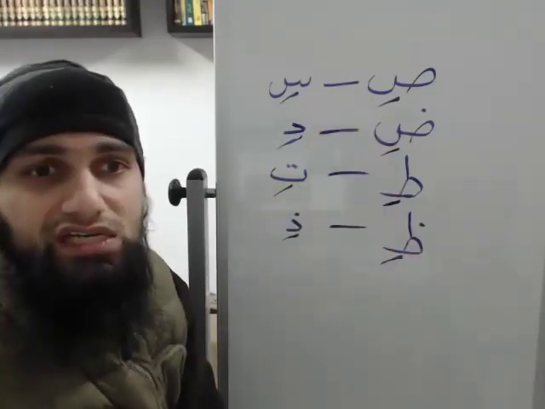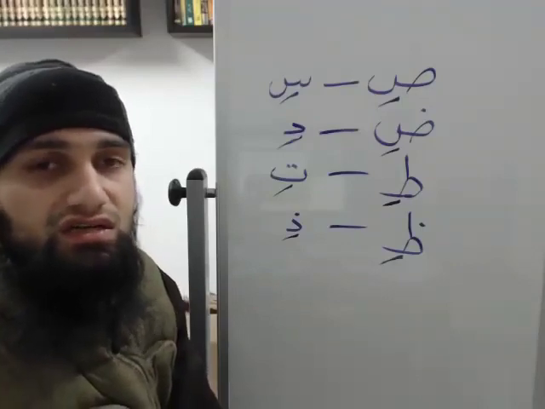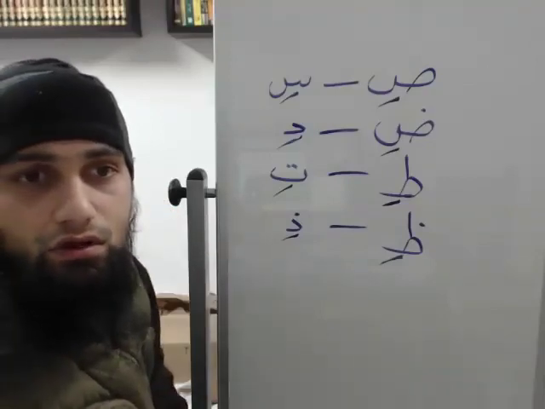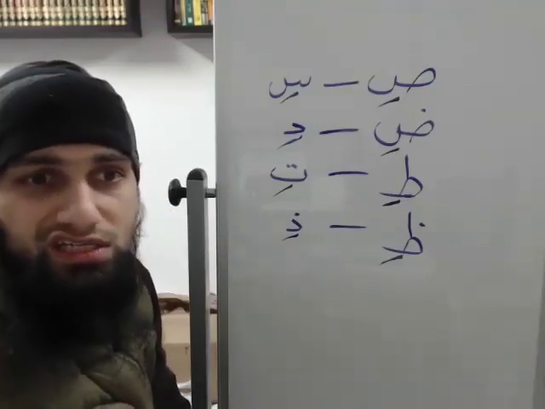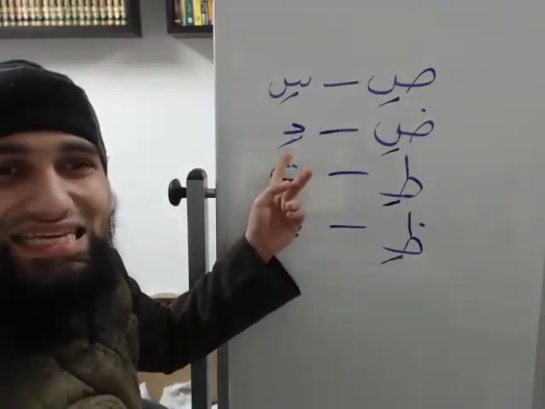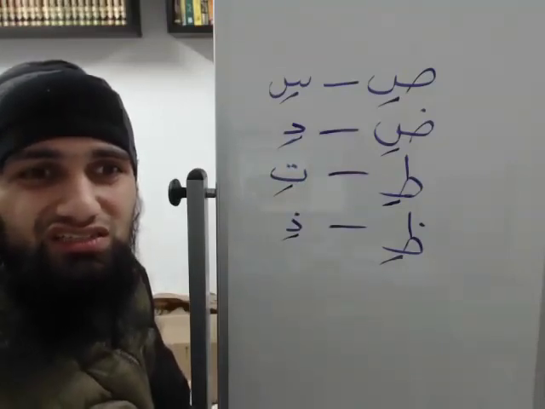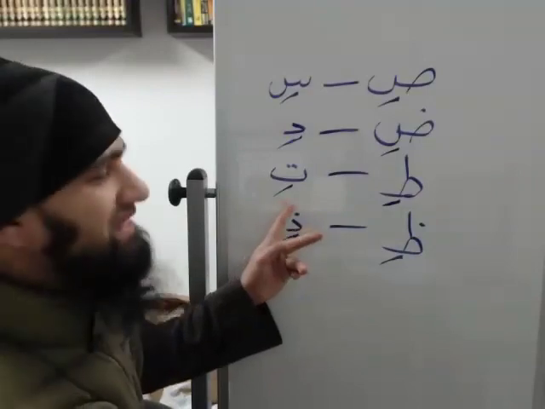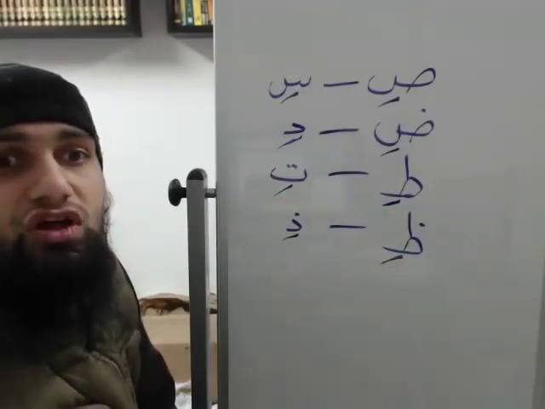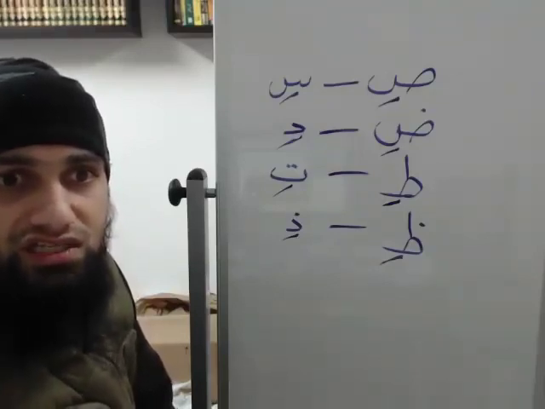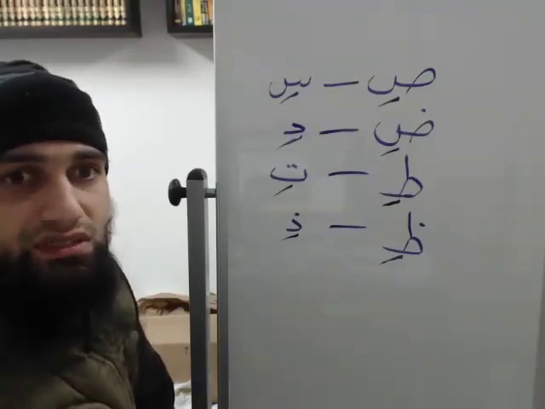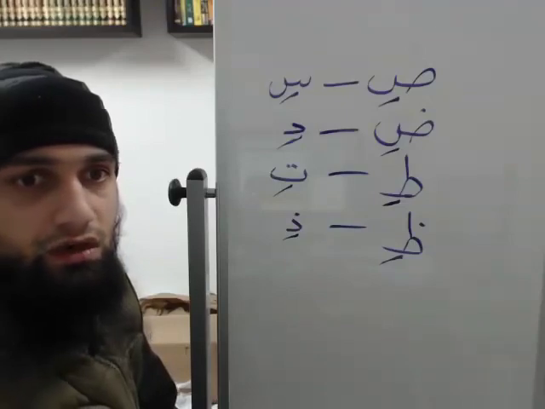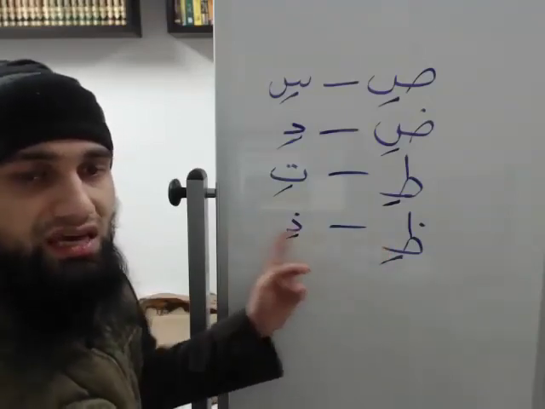Saad kasra is heavy si. With the heavy letters, you're going to feel as though the tongue is raised from the back. Dad kasra, di, heavy. Ta kasra, ti, heavy. Dha kasra, dhi, heavy.